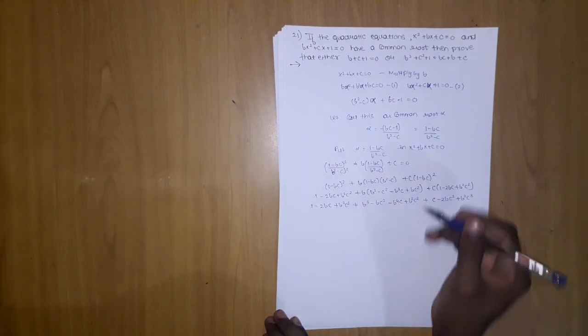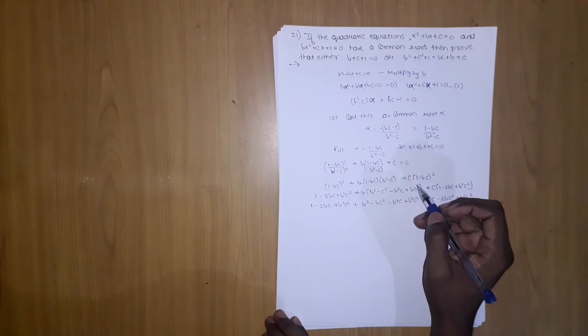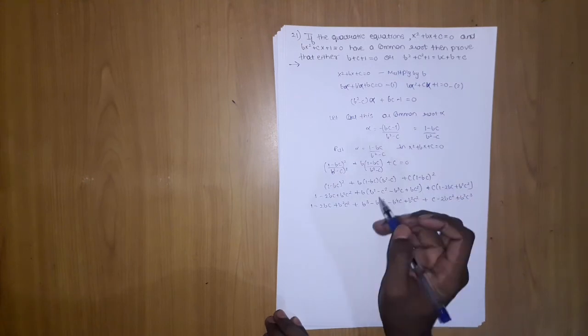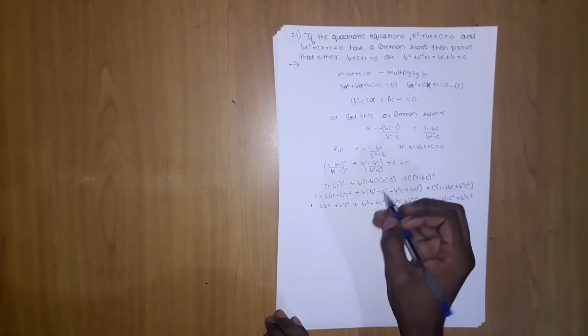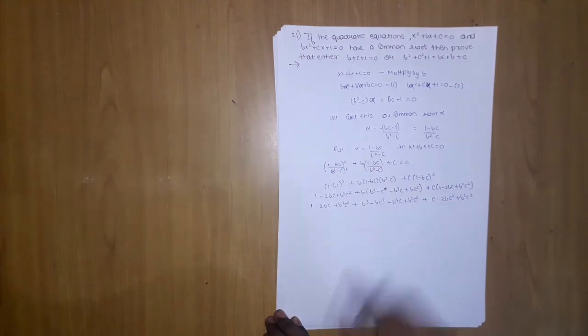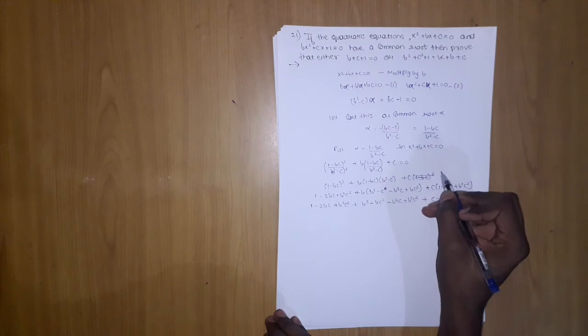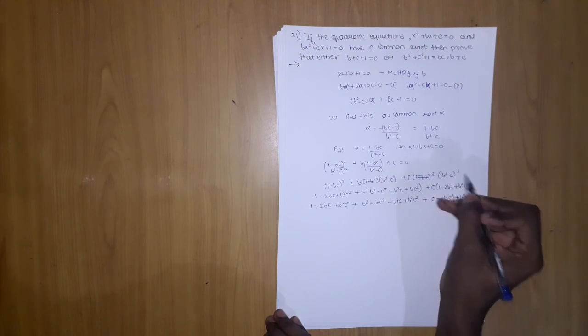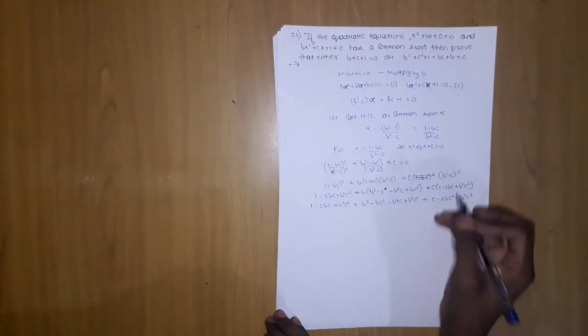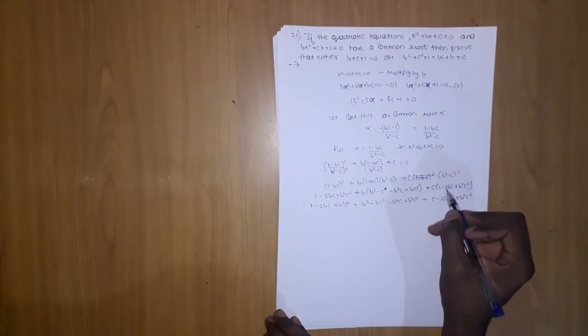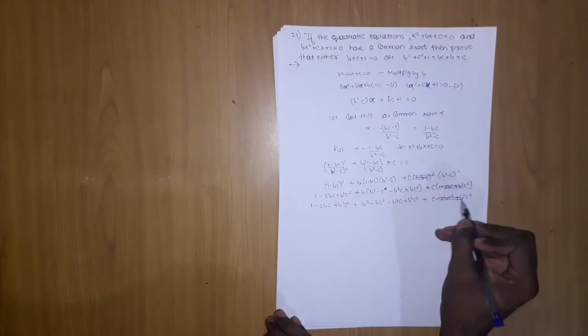Oh, I think we made a big mistake here. The mistake is this should be c only, 1 into b square minus c, and why have I written this? I should write b square minus c the whole square. Oh my god, big mistake. Then I have to change this whole term.